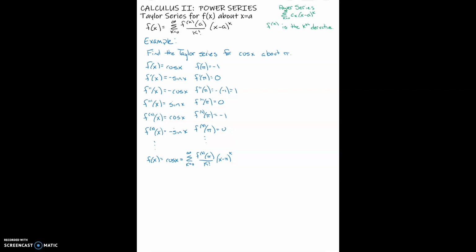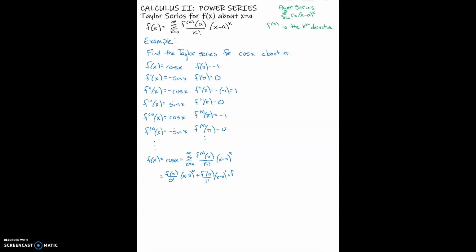I think in this case it might be really useful to look at some of the terms. So let's go through, and if we evaluate this at 0, we have the 0th derivative evaluated at pi over 0 factorial. And then the exponent there in the back is 0. When k is equal to 1, we have the first derivative over 1 factorial, x minus pi to the 1.